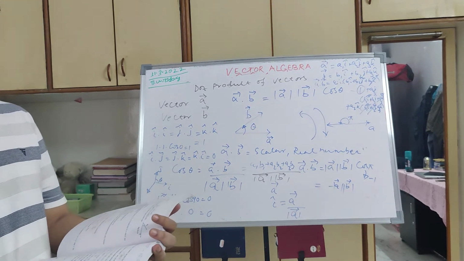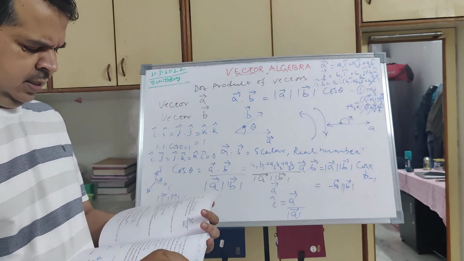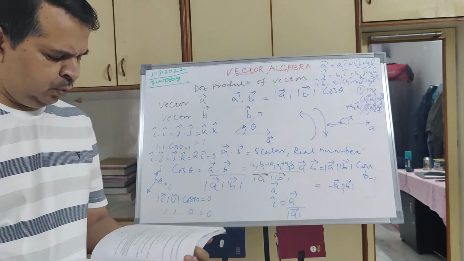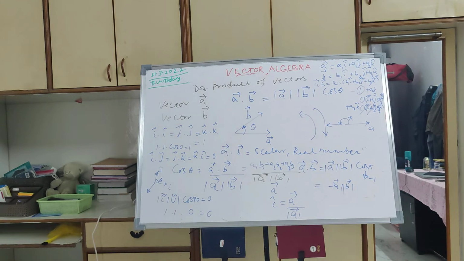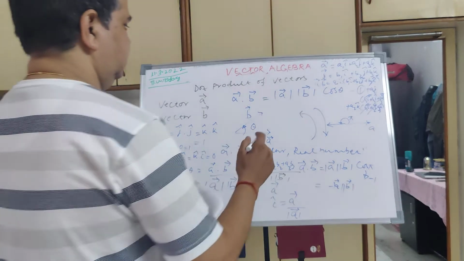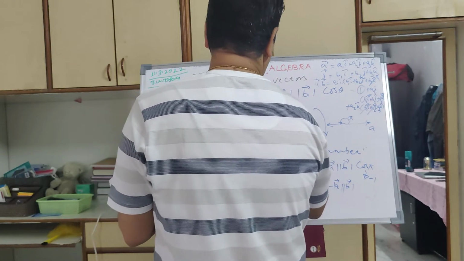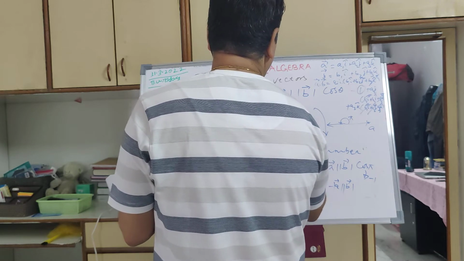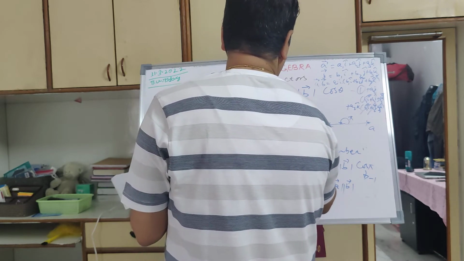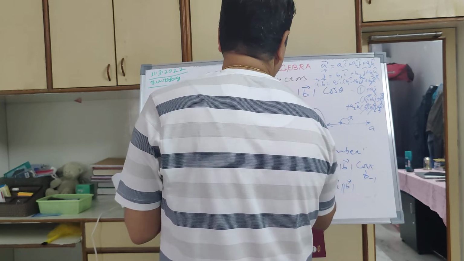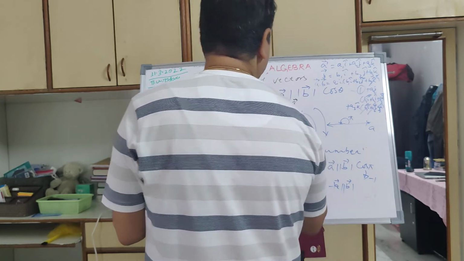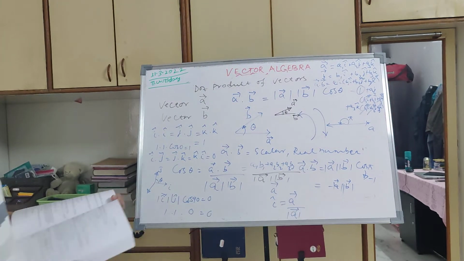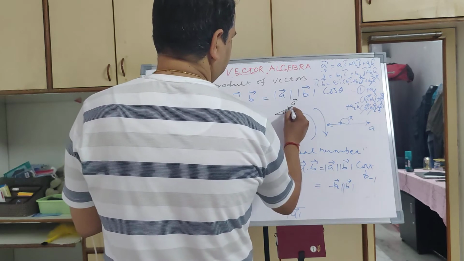So what is the projection of a vector on a line? What is the formula for projection of a vector on a line? Let me say I have a vector A and I have a vector B and the angle is theta. So what is the projection?